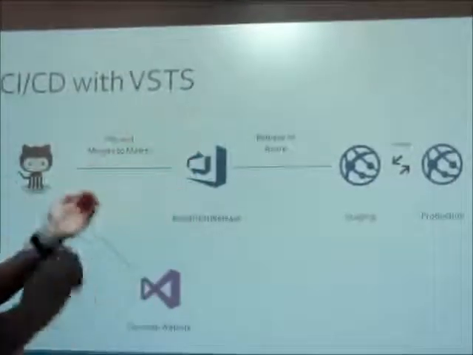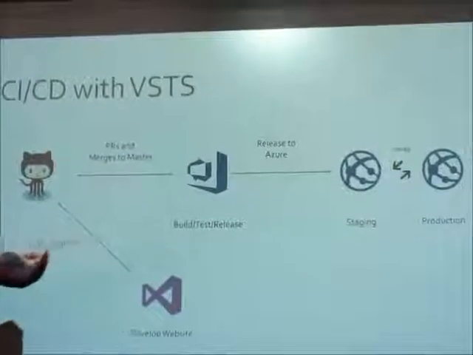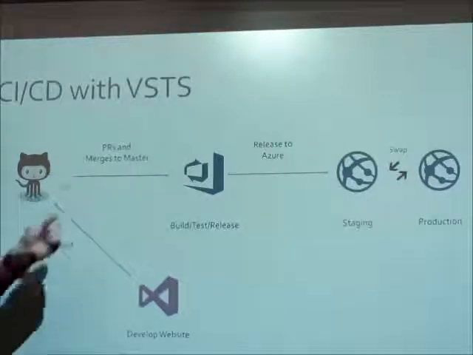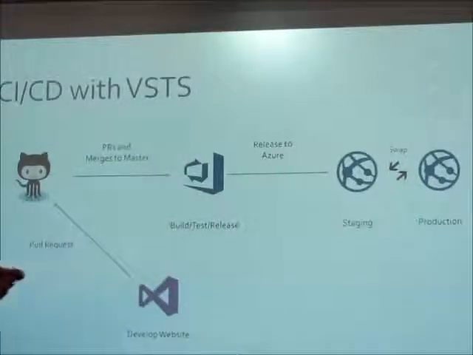And so that's what the CI part is. This is continuous integration. I'm continuously building my software. I'm continuously testing. CD is continuous deployment. So whenever these builds and tests are successful, it automatically deploys to my staging server. And then I can run automated integration tests, load tests, performance tests on my staging server.